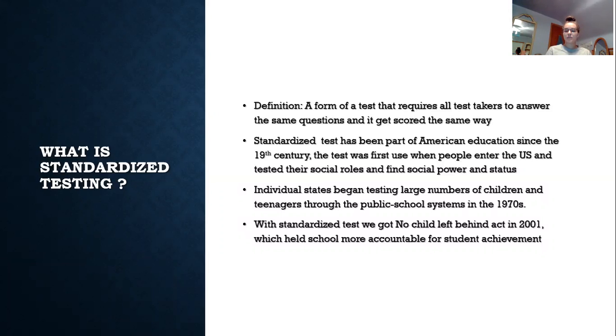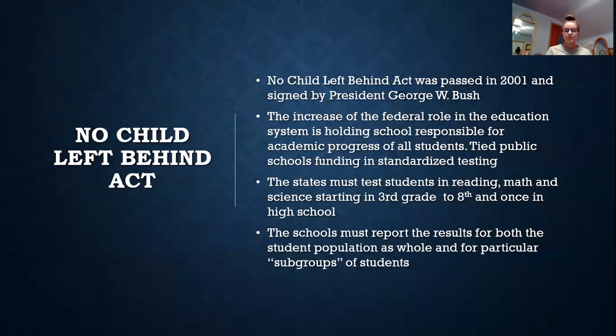With standardized tests, we got the No Child Left Behind Act in 2001, which held schools more accountable for students' achievements. The No Child Left Behind Act was passed in 2001 and signed by President George W. Bush. The increase of the federal role in the education system is holding schools more responsible for the progress of all of their students.